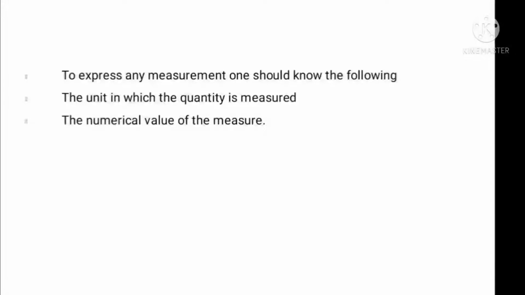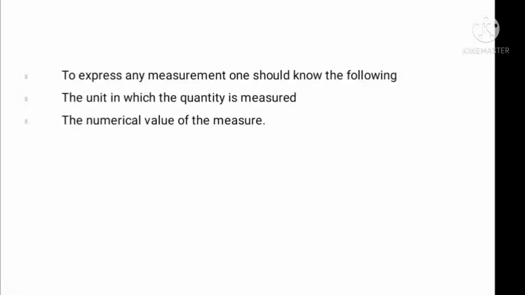For example, while measuring the length of a piece of cloth, we should know the unit in which length is measured, that is, whether the length is measured in meters or feet. We also need the number of units in the whole length of the piece of cloth, that is, the number of meters or feet.